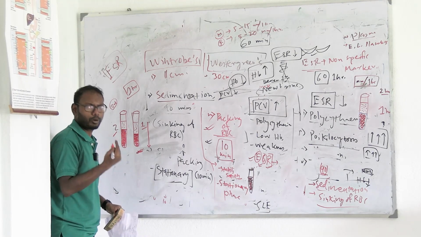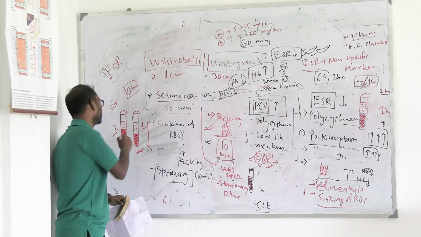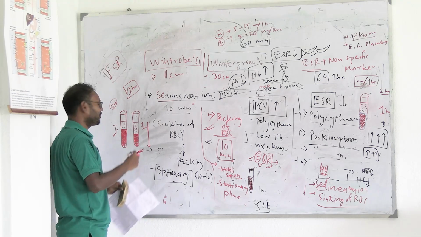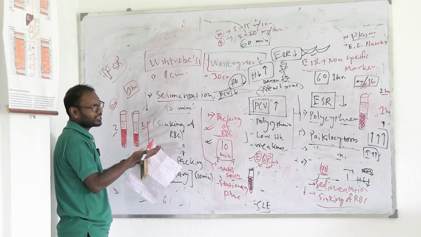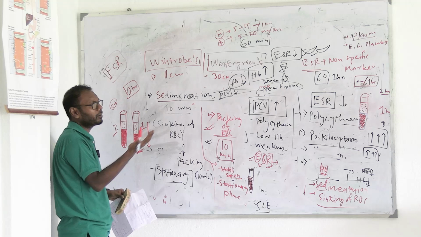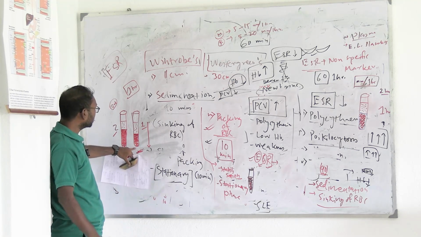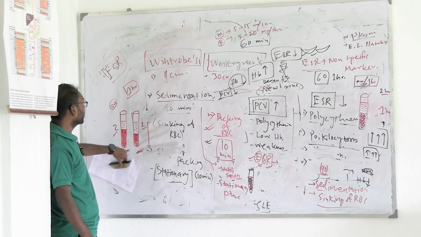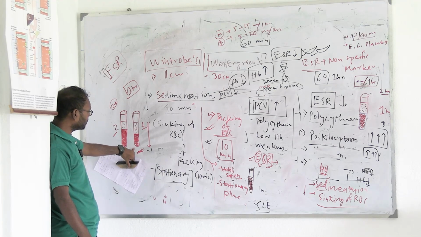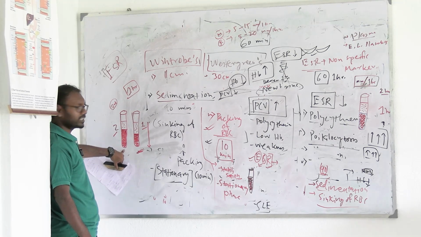Considering both bloods are normal, they will have similar components, every component within normal limits, but this person has better sedimentation than this person. So the rate of sedimentation of this person is better than this person, right?